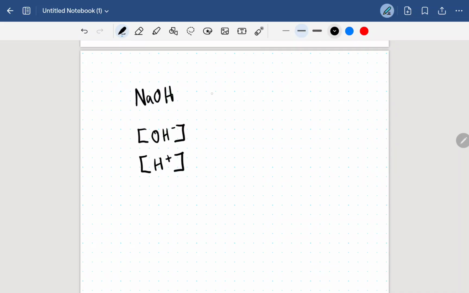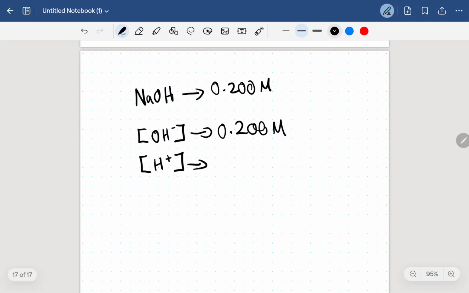Let's say you have 0.200 molar NaOH. If they ask you the concentration of OH minus, it is this number, 0.200 molar. That's it. But if they ask you for hydrogen, you do 10 power negative 14 over 0.200, and then you get your answer.